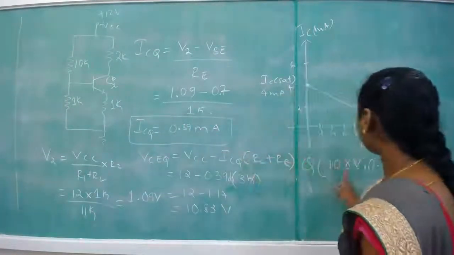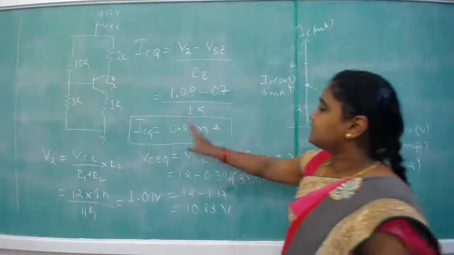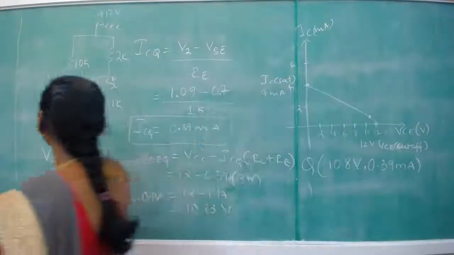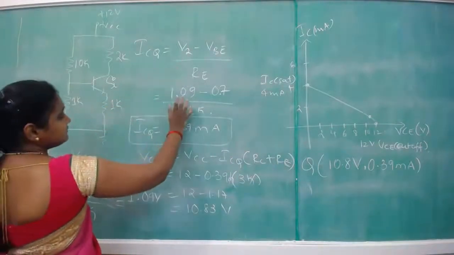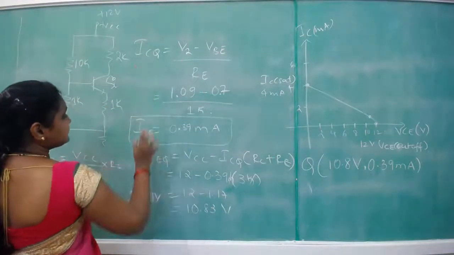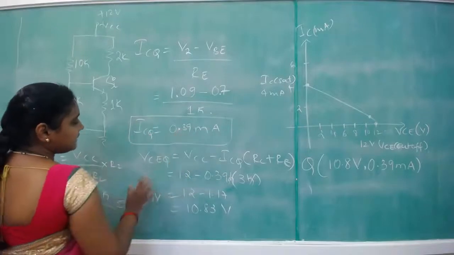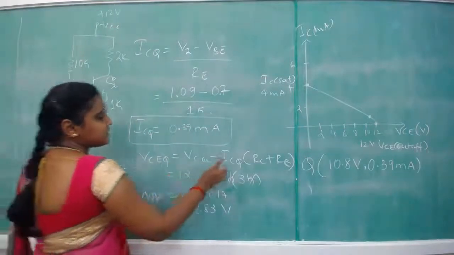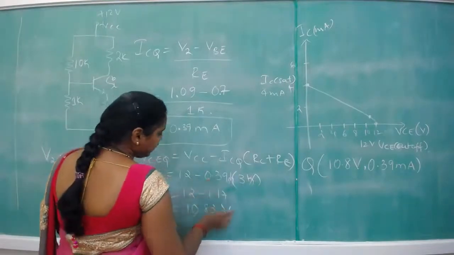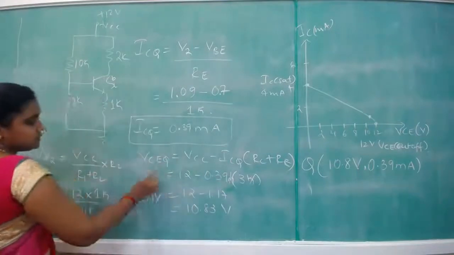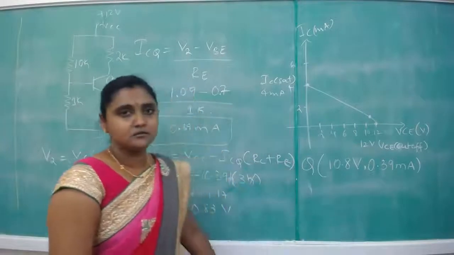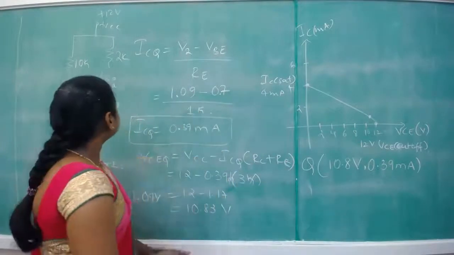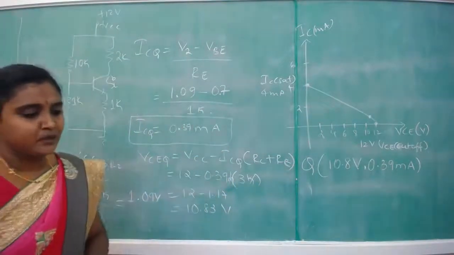So we found the value for V2. Substituting the value of V2, we got ICQ, which is 0.39. Again in VCEQ, we substituted 0.39 and found VCEQ to be 10.83. We got the 2 points of the Q point for this particular circuit.